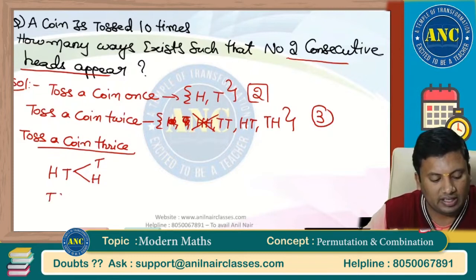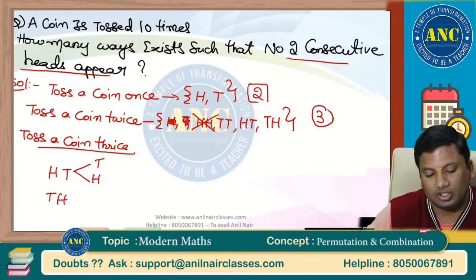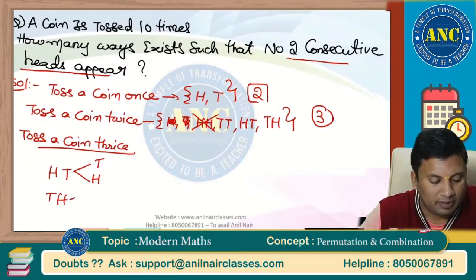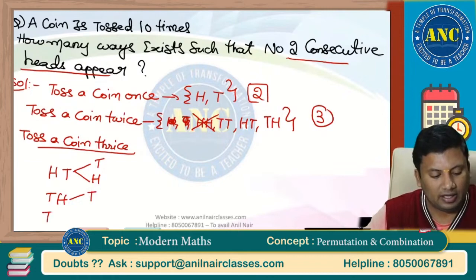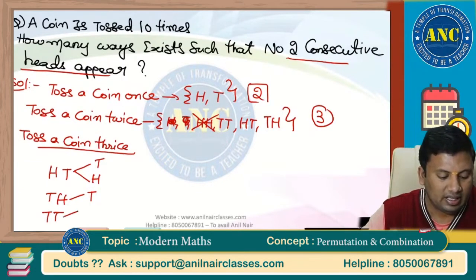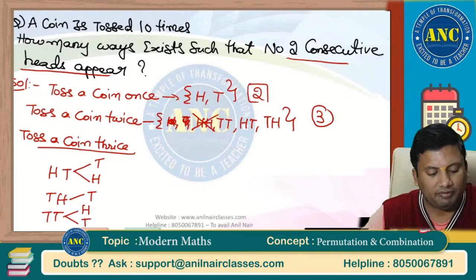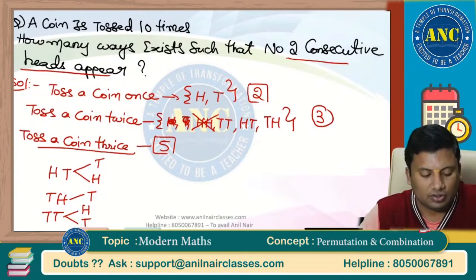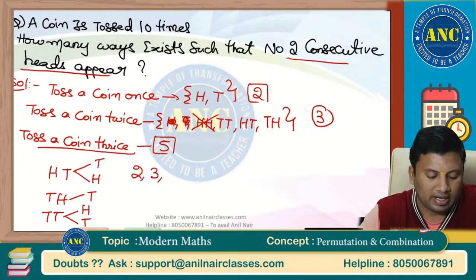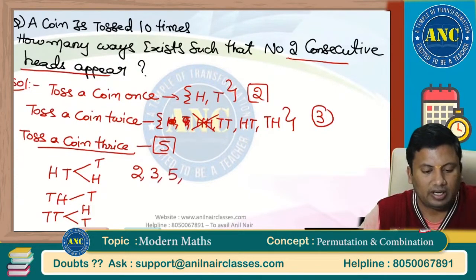Suppose if it is th, no two consecutive heads appear, that means hh cannot appear. This can be t. Similarly, if it is tt, the third choice can be either head or tail. 1, 2, 3, 4, 5. Tossing a coin thrice, how many did I get? 5. So first one it is 2, second one it is 3, third one it is 5.